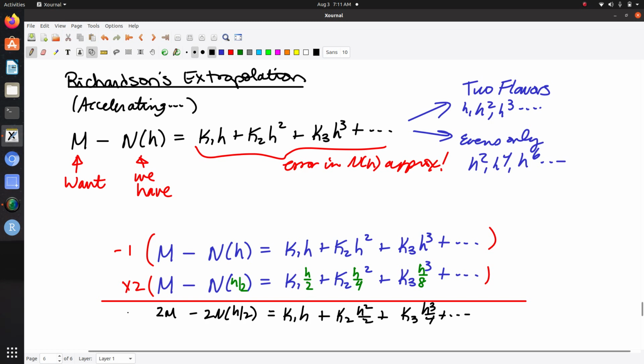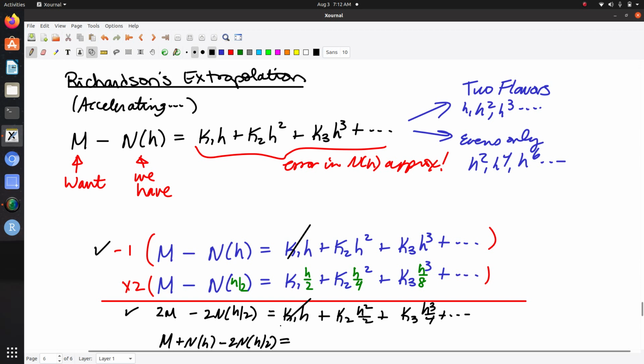Okay, now I'm going to take this one and subtract this one. I'm going to subtract, and I'm going to get M minus, so let's say plus N of h minus 2N of h over 2. And then, as intended, these k1 h terms cancel out, but nothing else is going to cancel out, right?